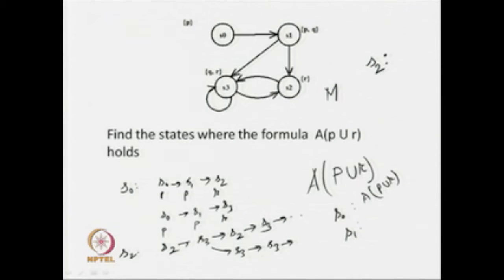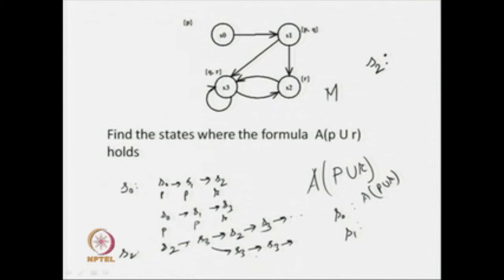So these are the possible execution traces. From S2 we get these execution traces, and from S3 we get these, because one is a subset of the other, or we can say this is a subsequence of the path from S2.